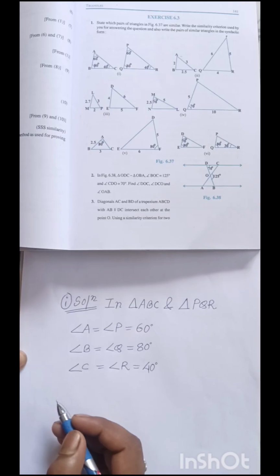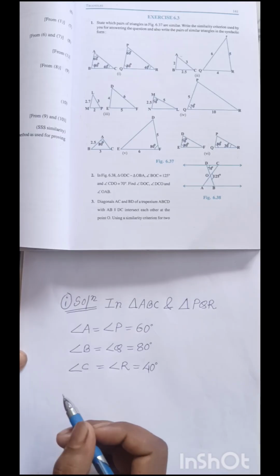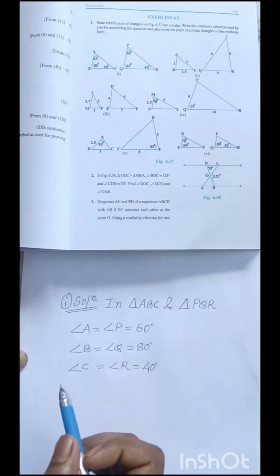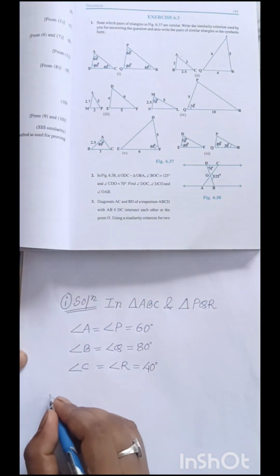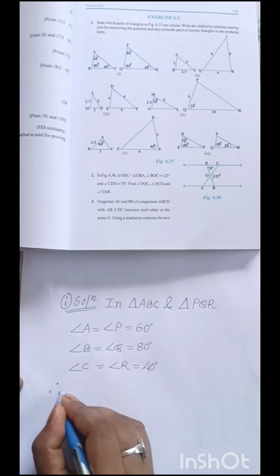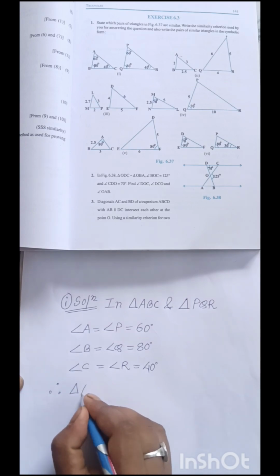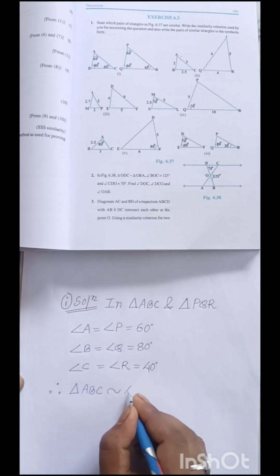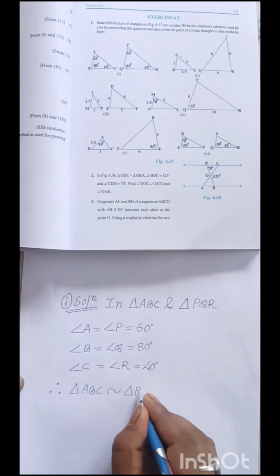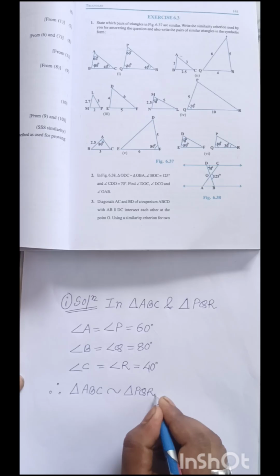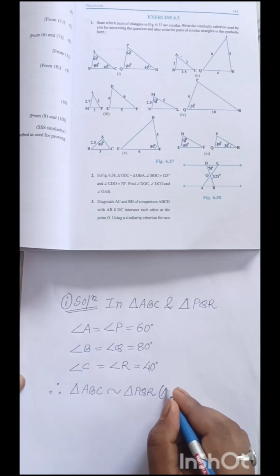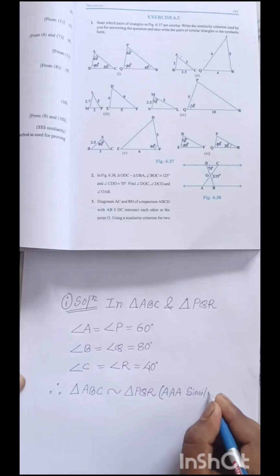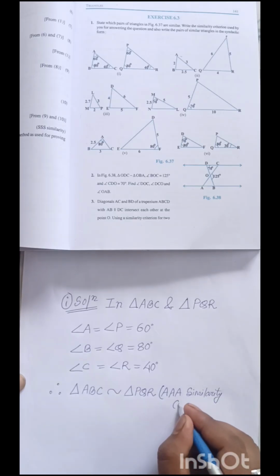So after writing this, now I can write directly that these two triangles ABC and PQR are similar to each other. So right here, therefore triangle ABC is similar to triangle PQR by angle similarity criterion.